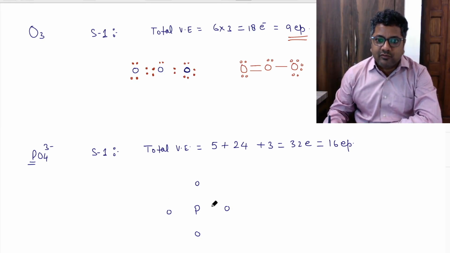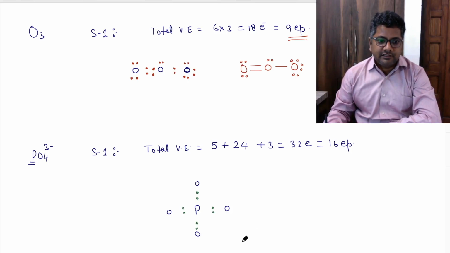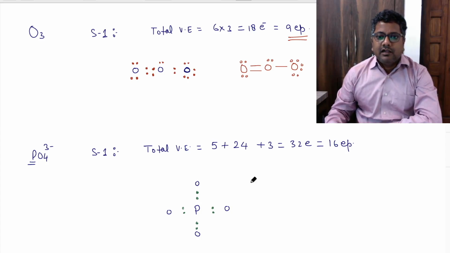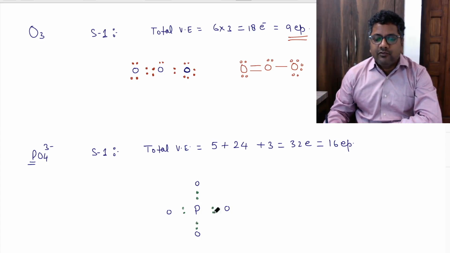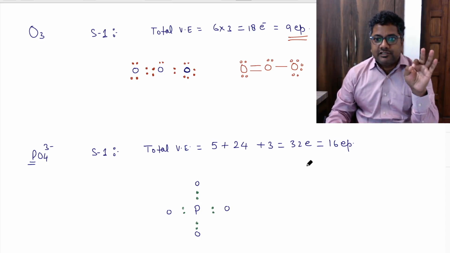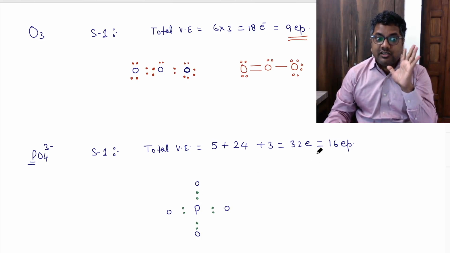First you have to put 1 electron pair between all the atoms, like this. And now how many? 1 2 3 4, 4 electron pairs you have distributed, and you have total 16 electron pairs.